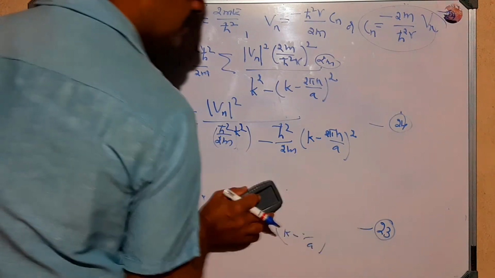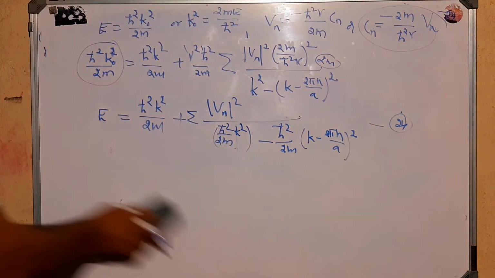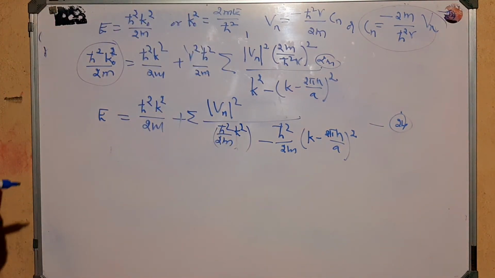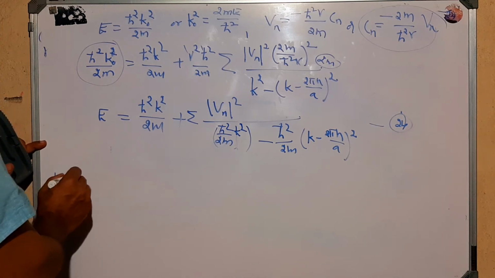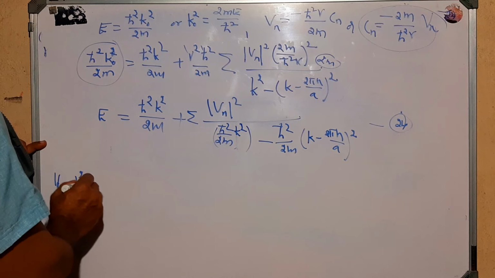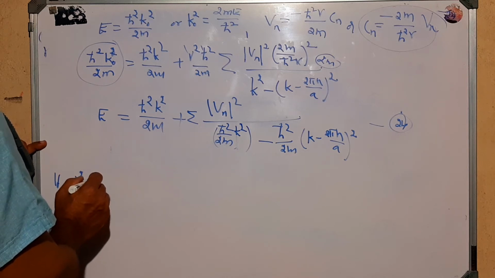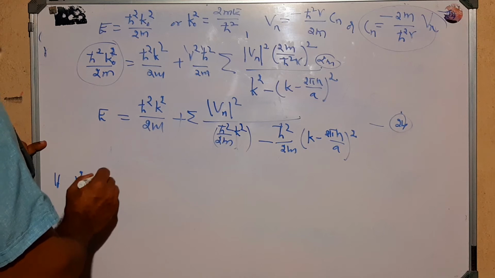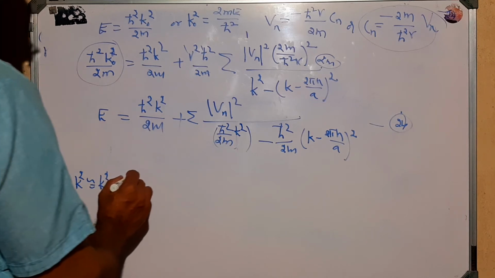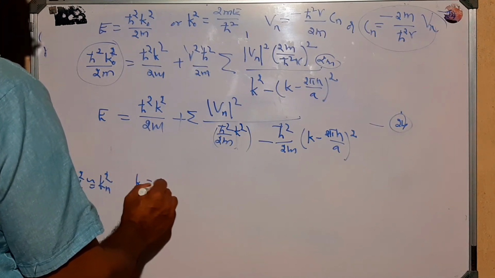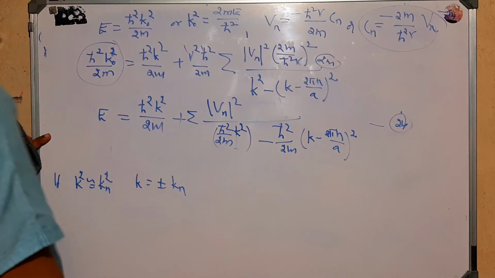Now let us consider, suppose k square is approximately equal to kn square. What happens? Then k is equal to plus or minus kn.